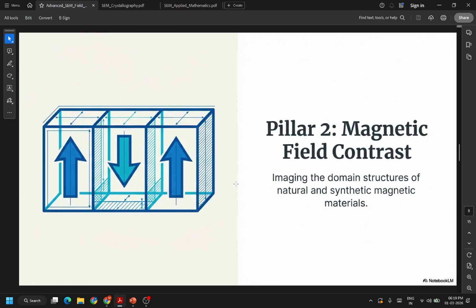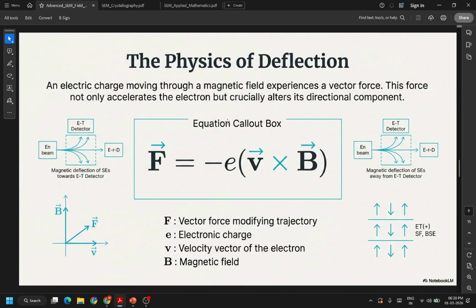Then magnetic field contrast. You know the formula F equals minus e v cross B, where B is your magnetic field, v is the velocity of the electron and F is the force. A charge moving through a magnetic field will experience a vector force which can accelerate the electron and also change its direction.